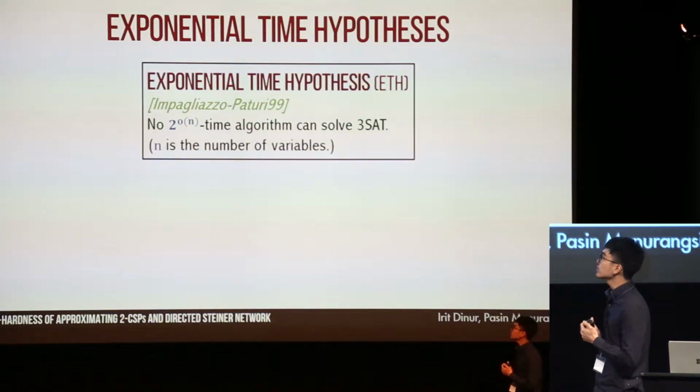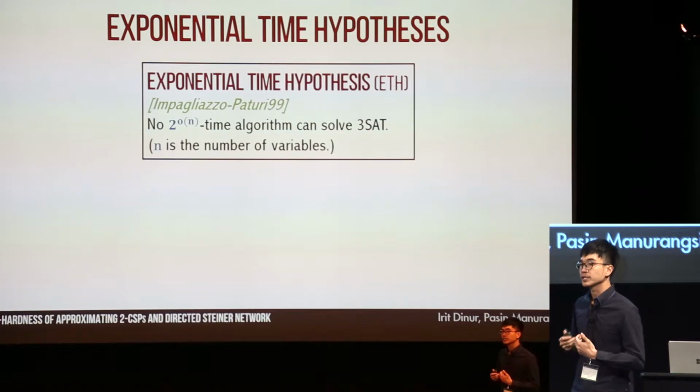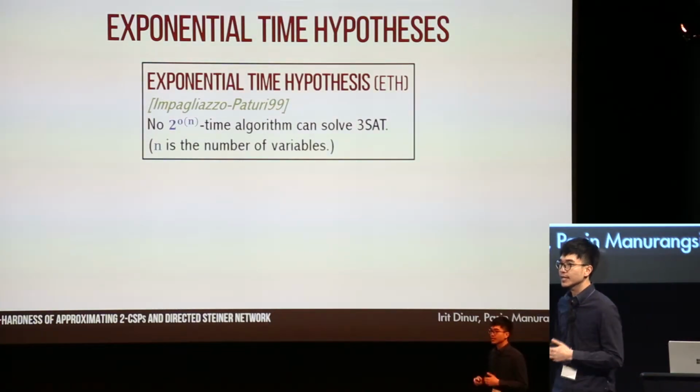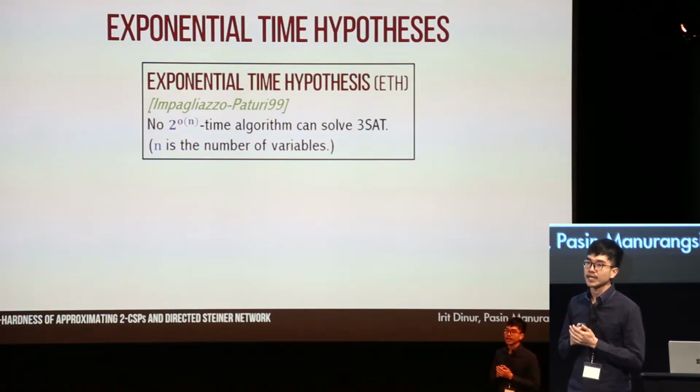Before I get into the proof, let me state the hypotheses a little bit more formally. The exponential time hypothesis, or ETH, states that there's no sub-exponential time algorithm that can solve 3SAT.